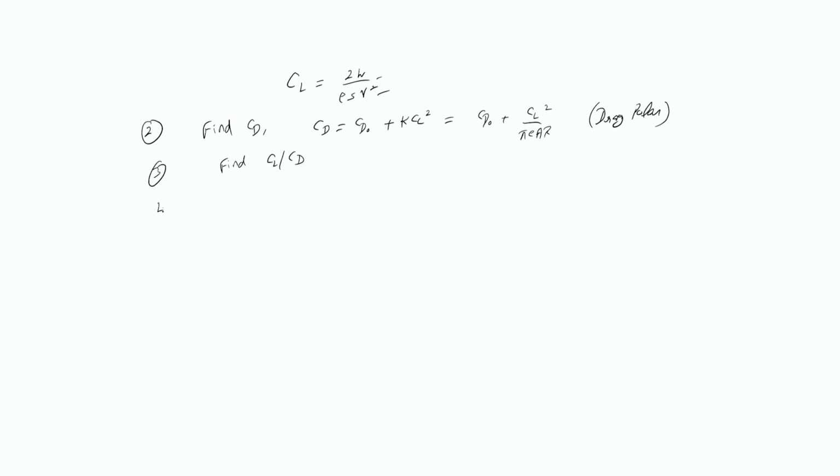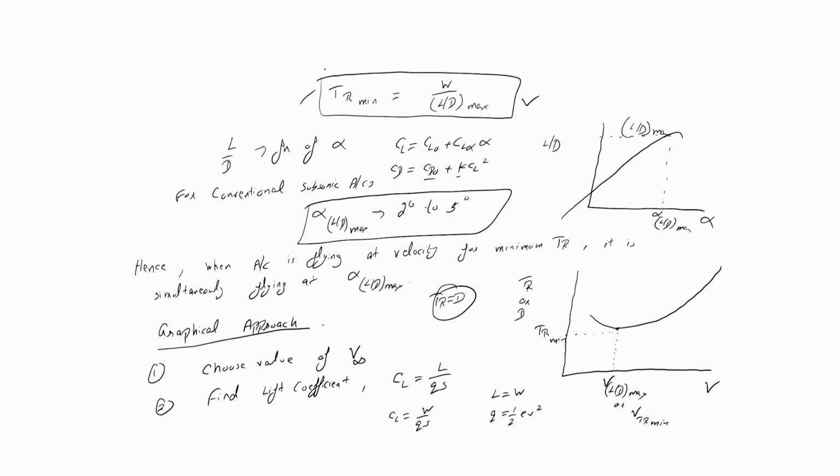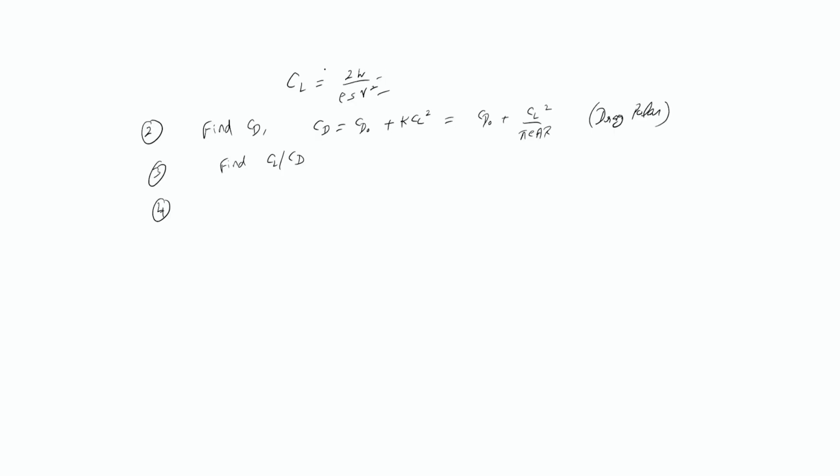Now once we have CL by CD, we were looking for thrust required. So now we can calculate thrust required. That is TR. So TR is W by CL upon CD.